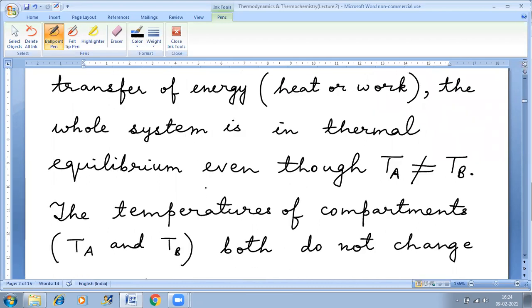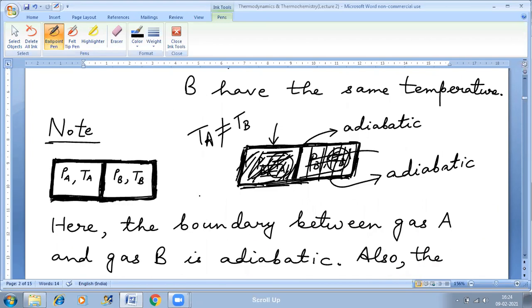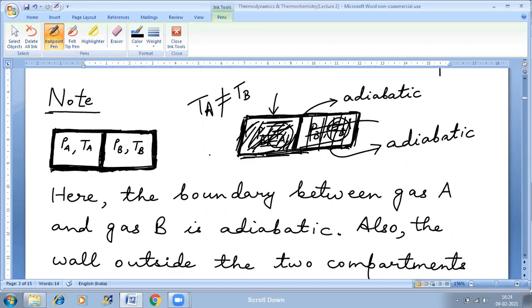So the temperatures of the compartments do not change with time. They do not change with time because every wall is adiabatic. So there is no scope for any exchange of heat.